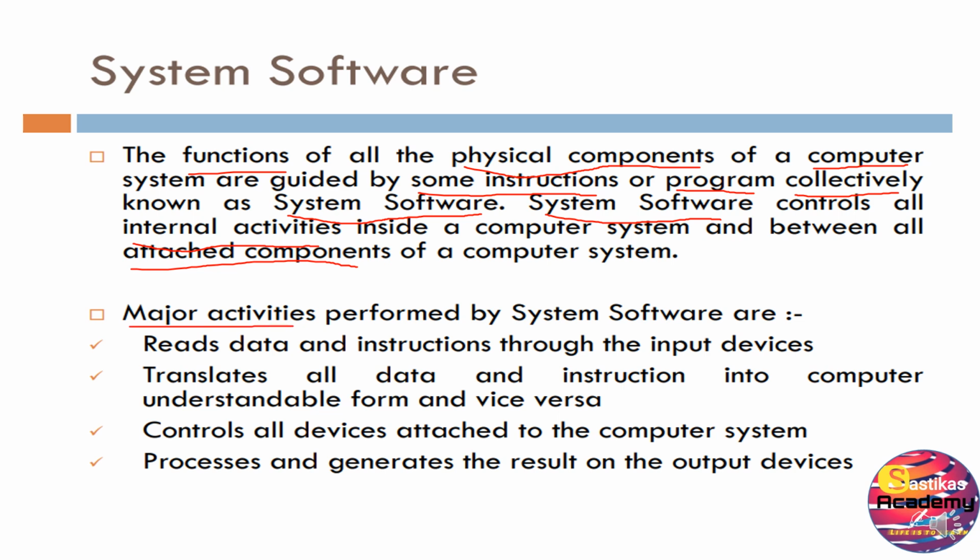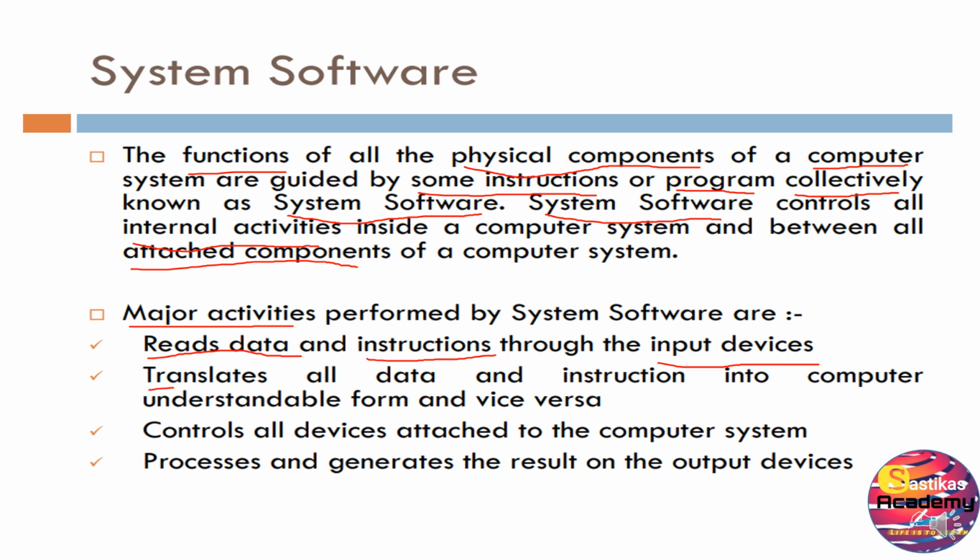It reads data and instructions through the input devices. We use input devices such as keyboard, mouse, and webcam. These input devices read the data, and these activities are performed by the system software.